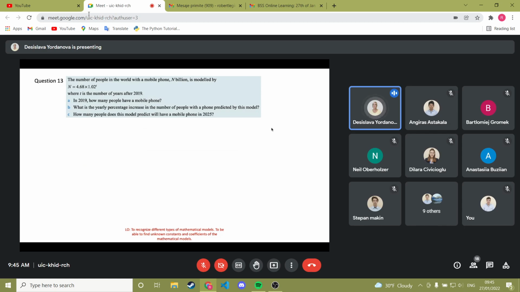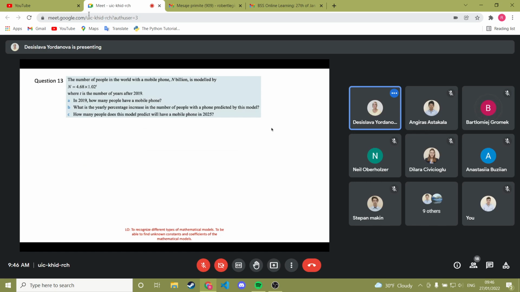This means that you multiplied by 102%, and 102% means that you increase by 2%. Because 100 is the initial value, 102% is 2% more. Got it? Yeah, now it's clear, miss. Okay. Questions?